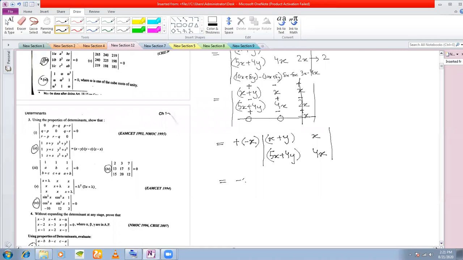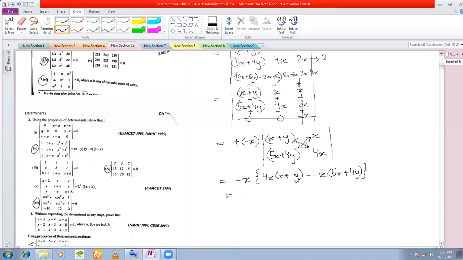So now you can expand this determinant: minus x times this into this will give you 4x into x plus y, right? Minus, and then this into this, x into 5x plus 4y.